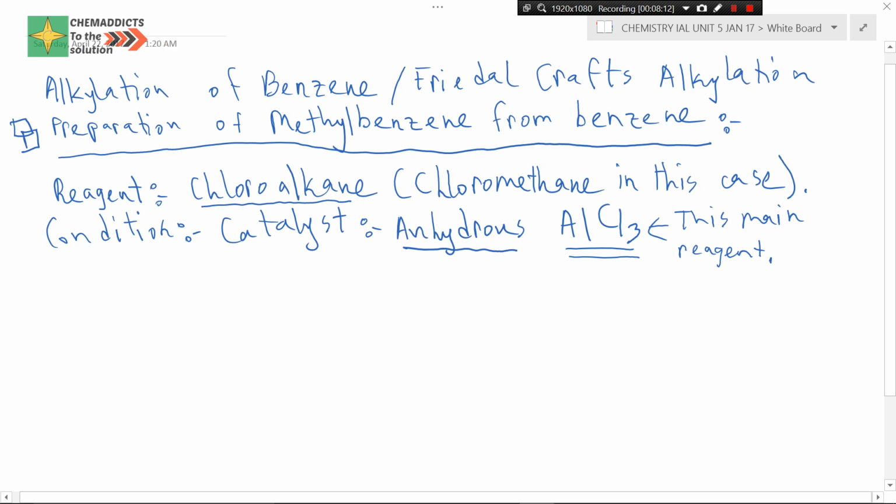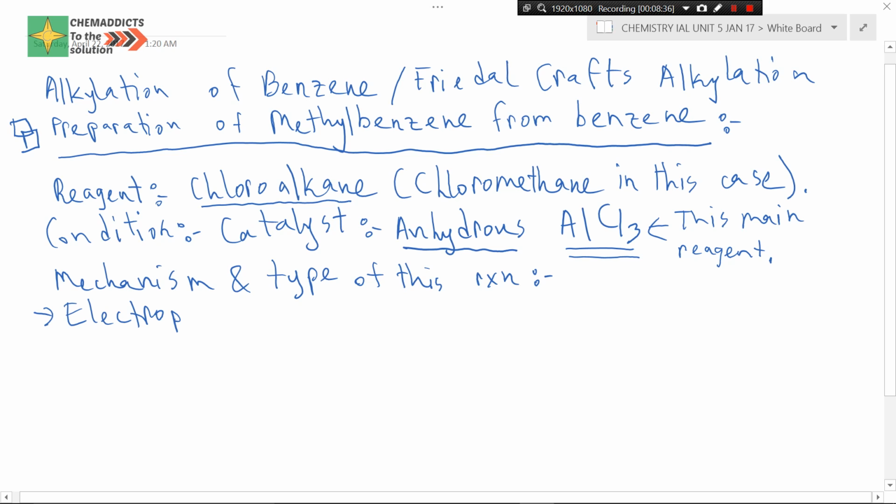For the time being, let us know the mechanism and type of this reaction. The mechanism and type of this reaction is electrophilic substitution.